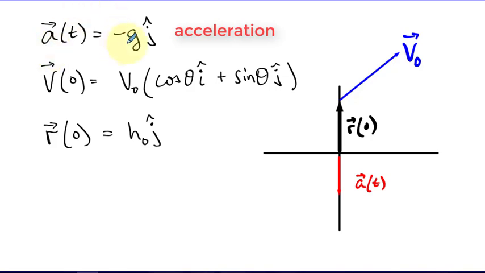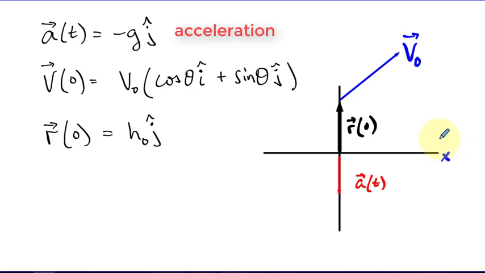Let's write that as negative g times the unit vector j. What that does is take this constant acceleration g, which could be 9.8 or 32, and give it a direction down in the xy plane. The negative and the j vector form the direction for me right here.